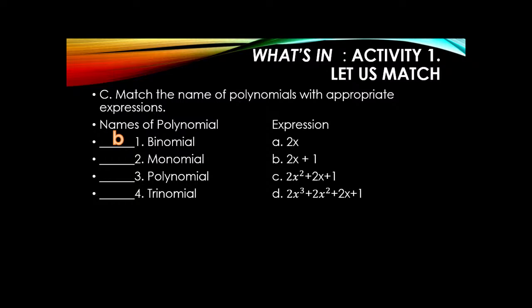So, the answer is letter A. Number 3, polynomial. When we say polynomial, composed of more than 3 terms. So, the answer is letter D. Number 4, trinomials. Ibig sabihin, na ay tulo ka term. So, the answer is letter C.